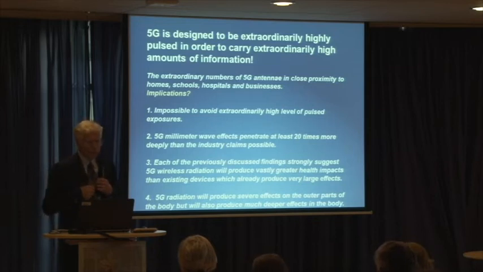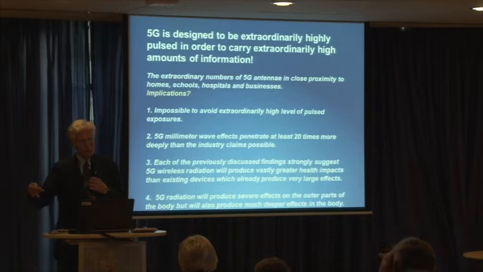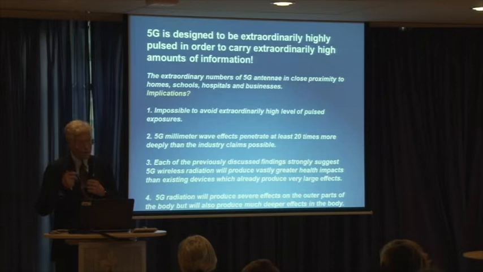The way we know this is there have been published millimeter wave studies. Some of these are 30 years old or more. These are not highly pulsed millimeter waves. These are just continuous wave millimeter waves. So we have every expectation that 5G, as I say, will be vastly more dangerous. But what's been shown is that those millimeter waves produce effects on the human brain. You get changes in the EEG and also in behavior.